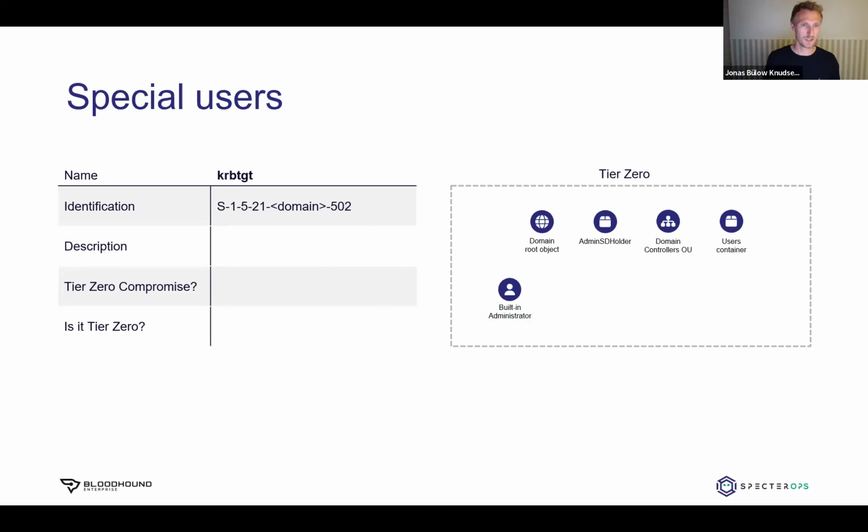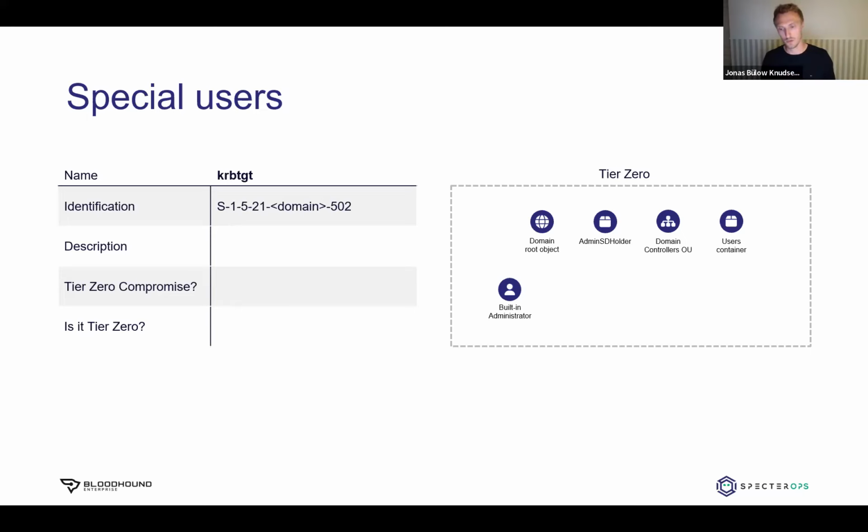The next one is also special, KrbTGT. When you log into your Windows computer and Kerberos authentication is used, you will receive a session ticket for authenticating in the environment called a ticket granting ticket. This ticket includes information about what access you should have in the environment.